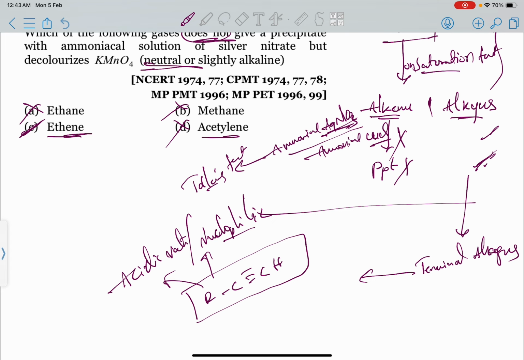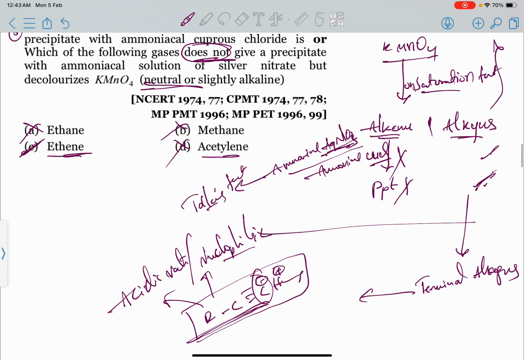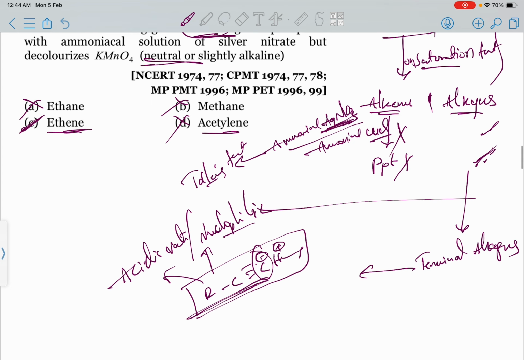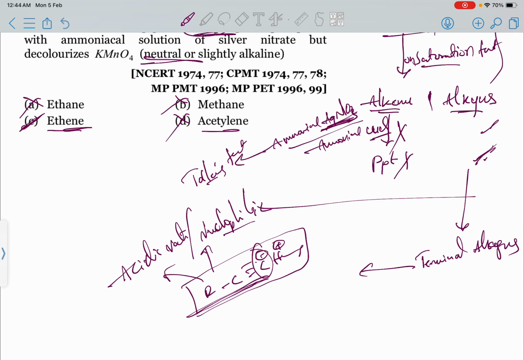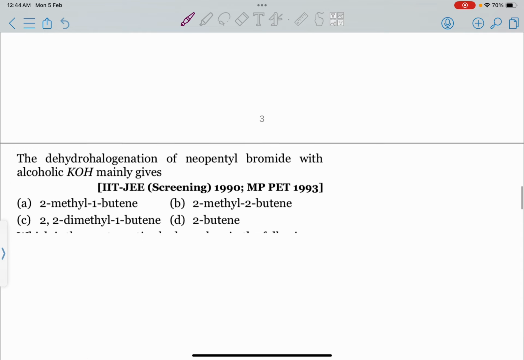It works as a nucleophile, as it divides into H plus and C minus, right? This part now acts as a nucleophile. So this nucleophile attacks the AgNO3 and gives us a positive ammoniacal silver nitrate as well as ammoniacal cuprous chloride test.